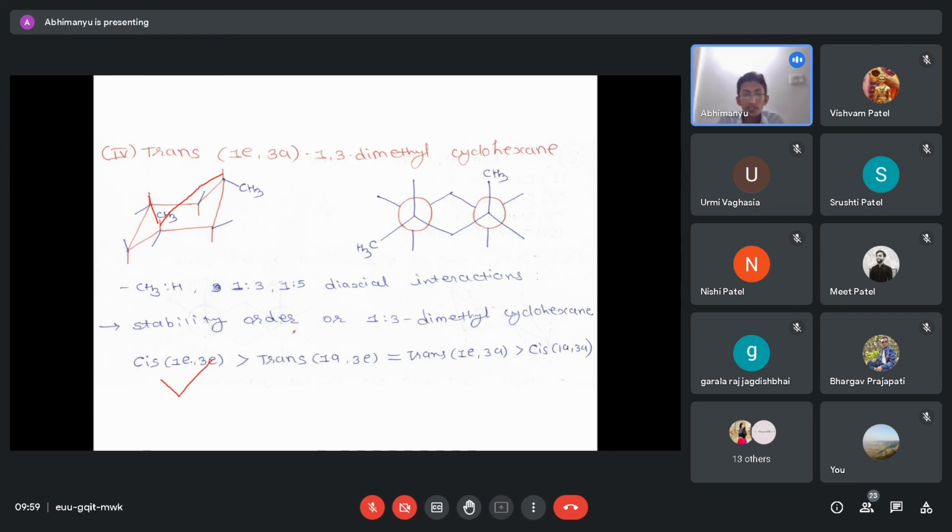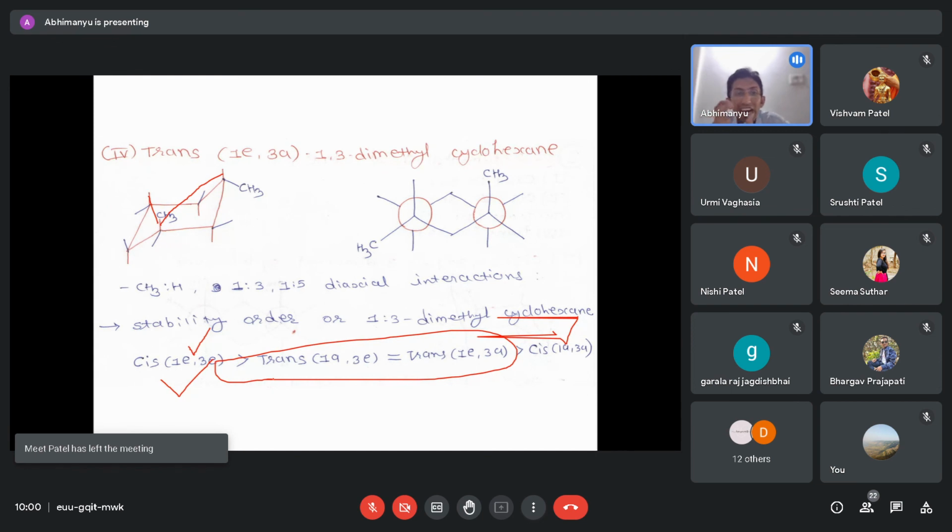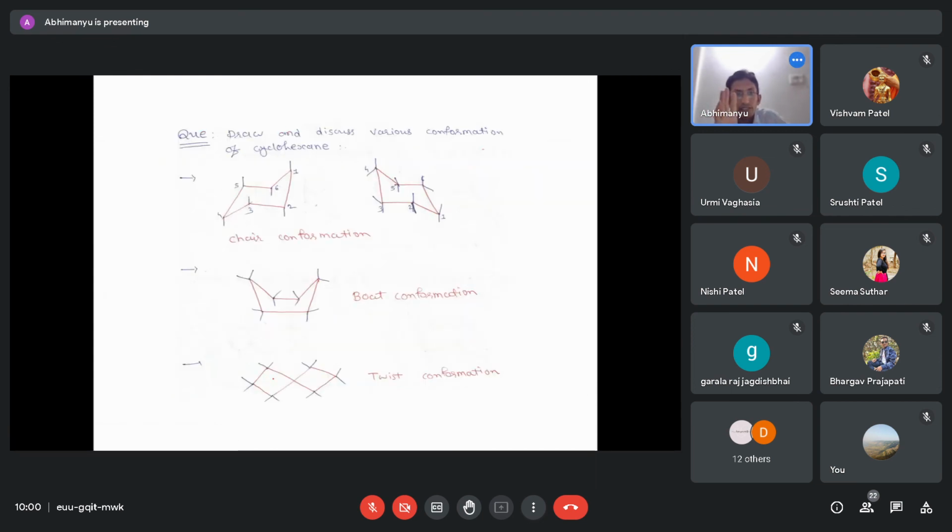How much? Forget about cis and trans, it depends upon the number. But if 1 and 3 are both the same then cis. So how will the equatorial stability be? Always higher. Axial stability is always lower. Right. So we can decide the stability of the different conformations based upon the diaxial strain, diaxial repulsion.